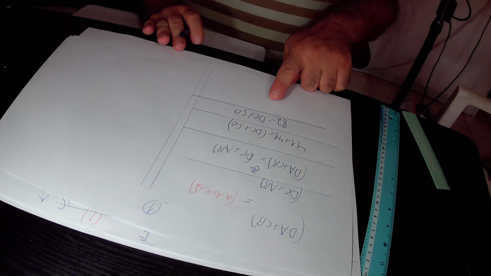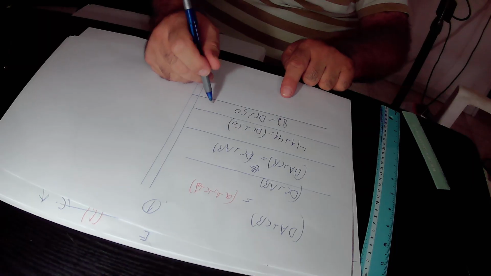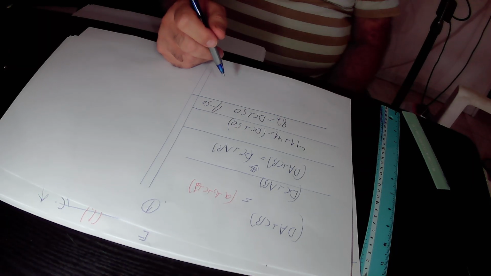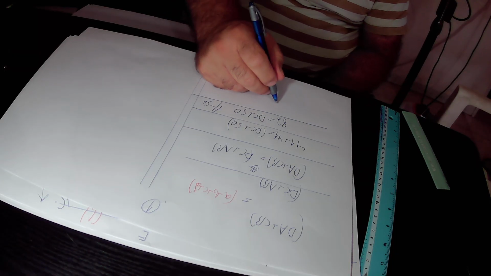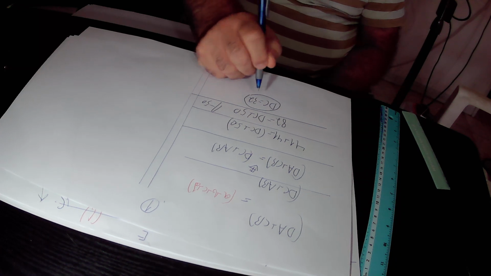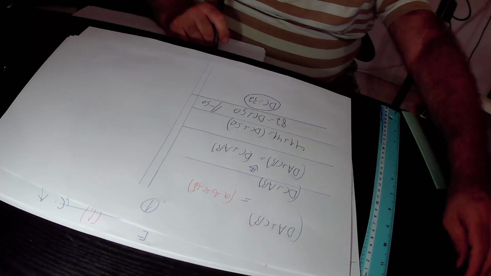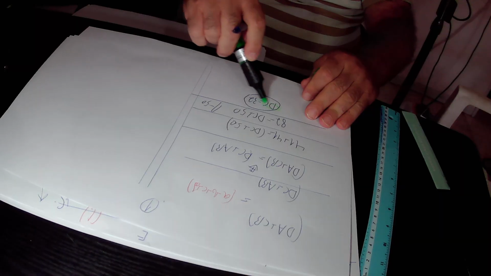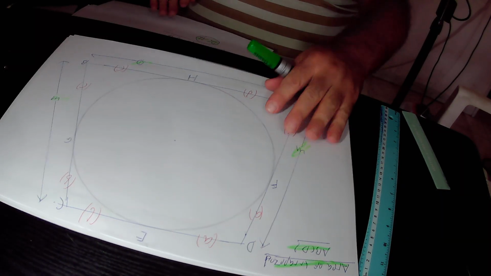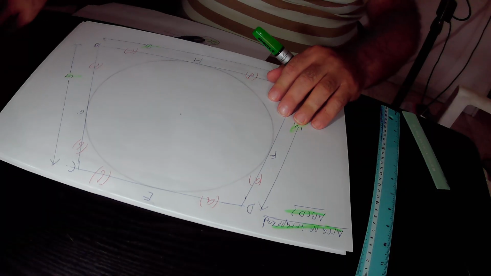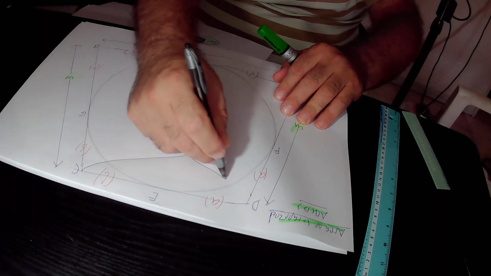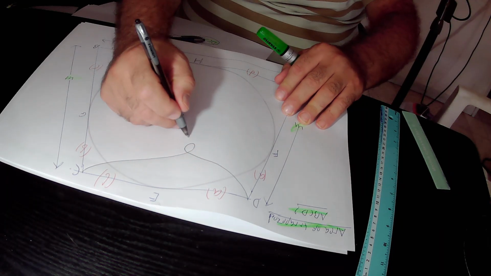Here we'll subtract 50 from this equation, and we get that 82 minus 50 is 32, so DC equals 32 units in its length. The missing side DC is equal to 32 units in its length.